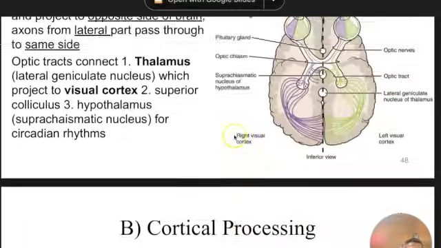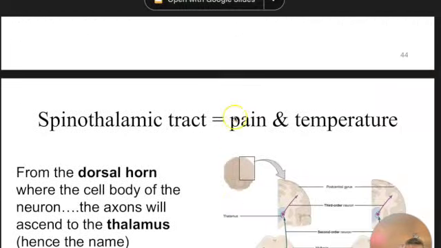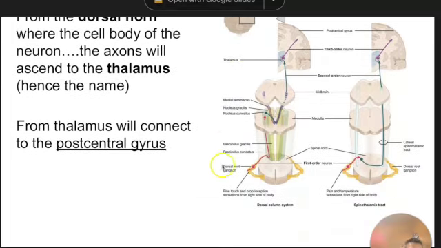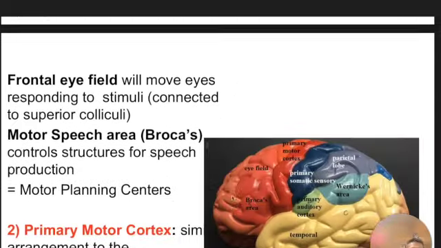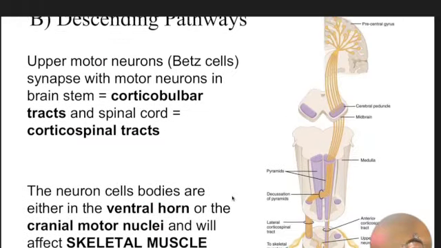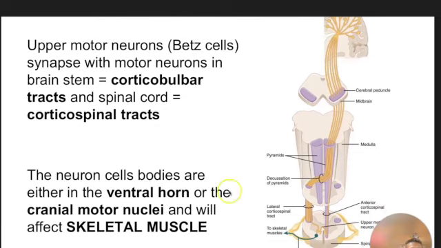The ascending tracts, if you look at the names again, are the dorsal column and the spinothalamic. So spine to the thalamus. The dorsal columns in the back are for sensation. If you look at the name, you'll be able to tell which one's which. Anything cortical would be descending.